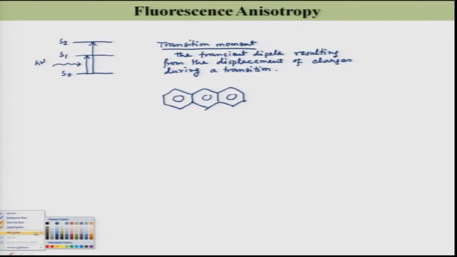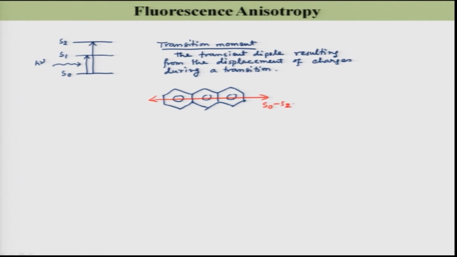So, in this molecular frame, if you plot that, you are going to see a line associated with this transition. Let us say this is my S0 to S2 transition.